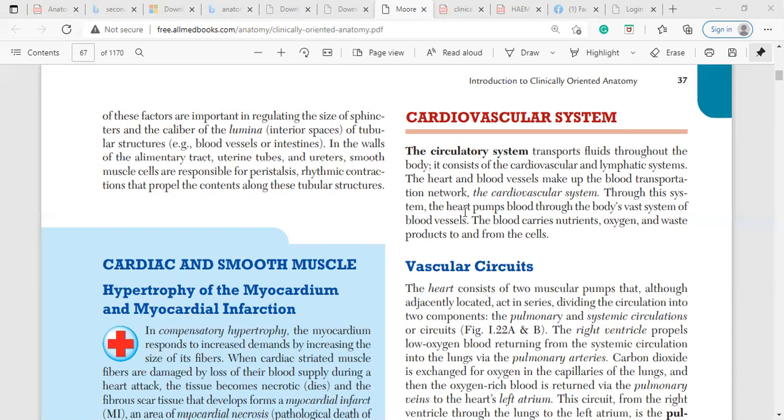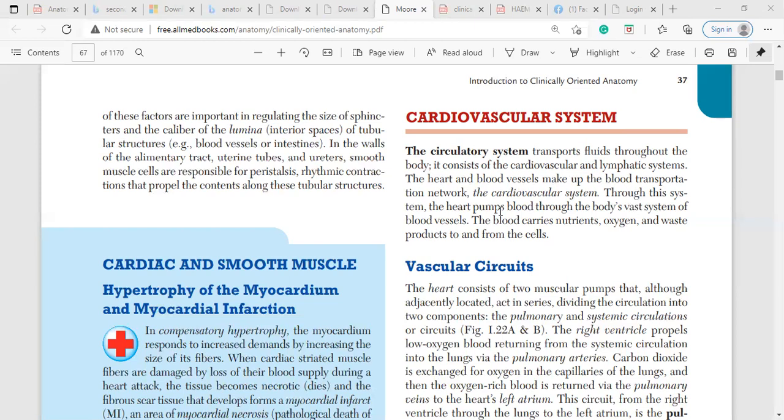Through this system, the heart pumps blood through the body's vast system of blood vessels. There are numerous blood vessels in the body, which I'm going to show you today. Each of these blood vessels carries blood, but for blood to enter them, it is the heart that pumps the blood into them.